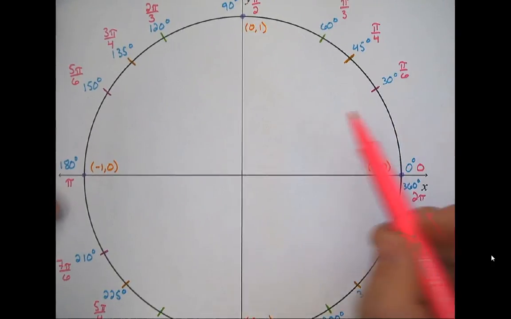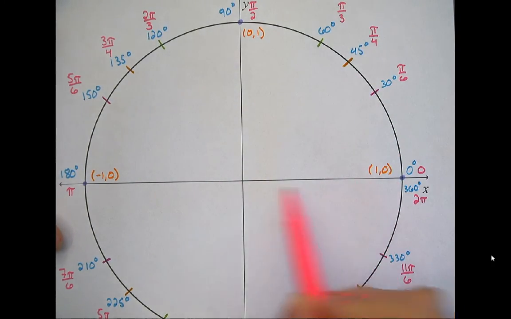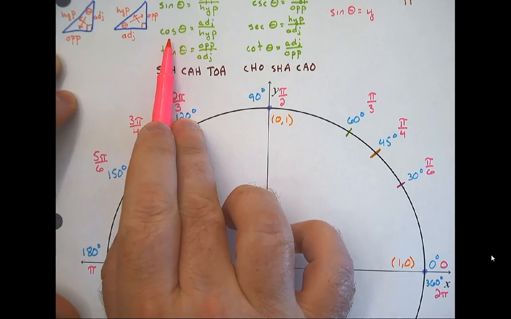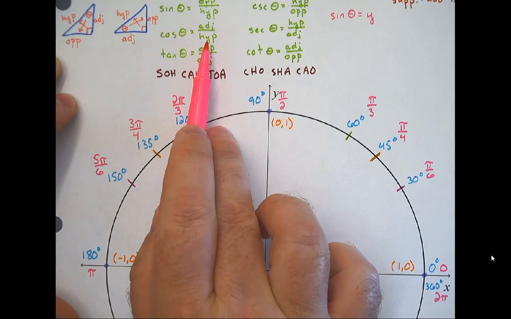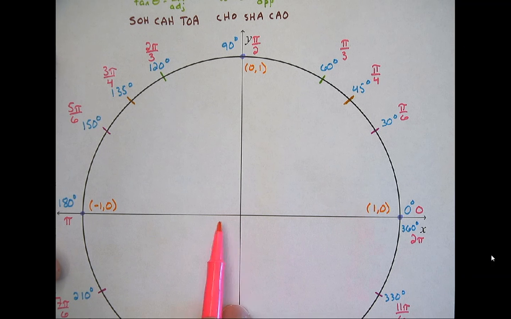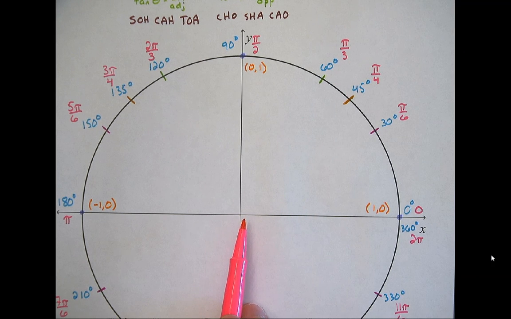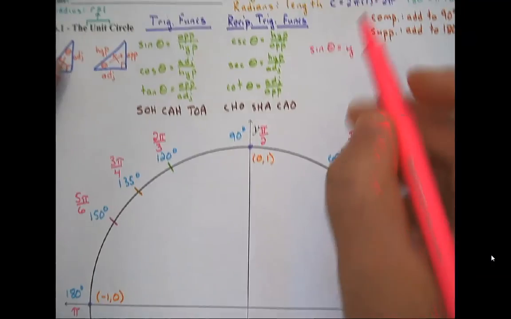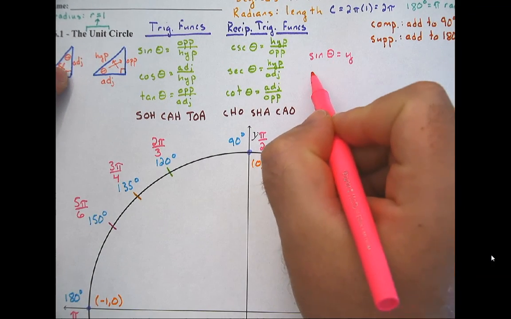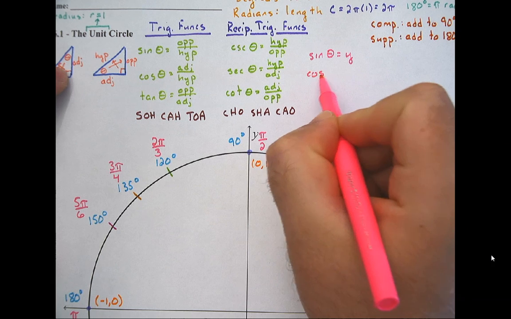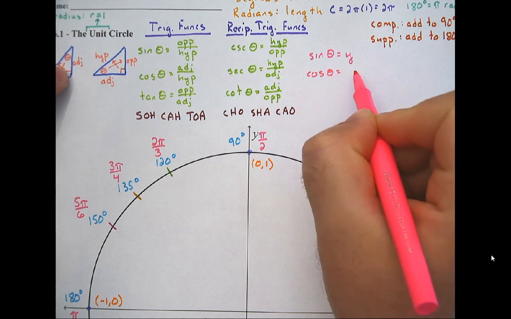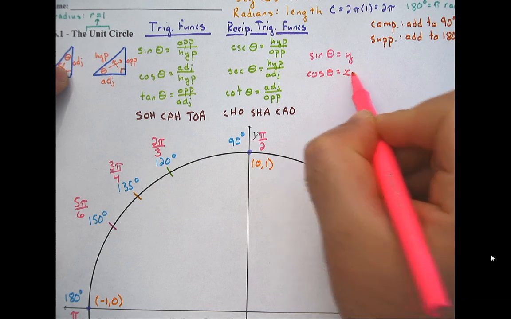So using that same argument, if I wanted, here's my 45 again, if I wanted to do cosine, cosine is adjacent over hypotenuse. Adjacent is this side divided by the hypotenuse, but the hypotenuse is how big in the unit circle? Is 1. So it turns out in the unit circle, cosine is the same as x.